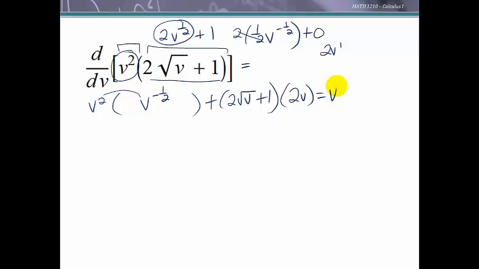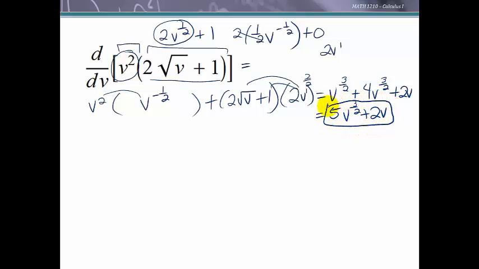So 2 minus 1/2 would be v to the 3/2, plus distributing this one through, we have 4v to the, this is 1, which is 2/2, plus another 1/2. So this would be a v to the 3/2, and then plus 2v. Now we have some like terms we could combine, so we have 5v to the 3/2 plus 2v for our derivative of this product. Let's go ahead and look at one more example.